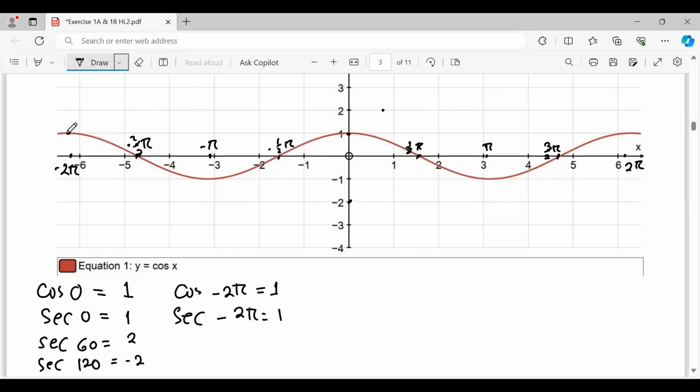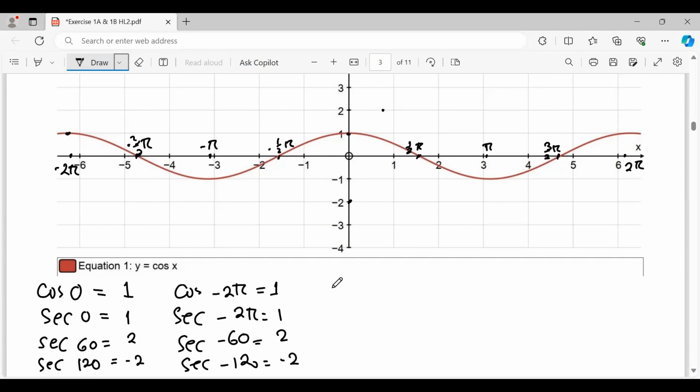So they have the same coordinate point here. Then secant minus 60 equals 2, and secant minus 120 equals minus 2.